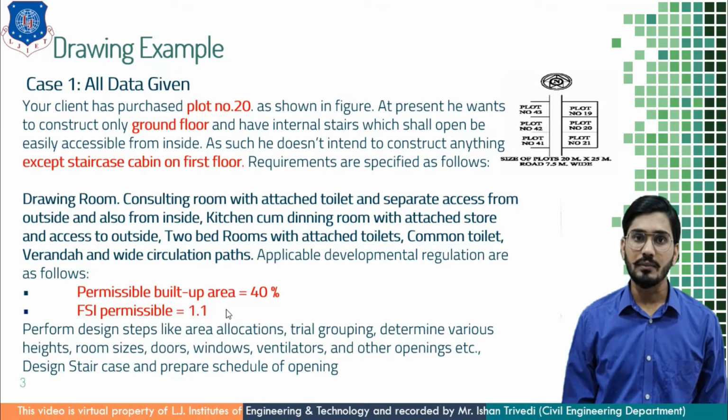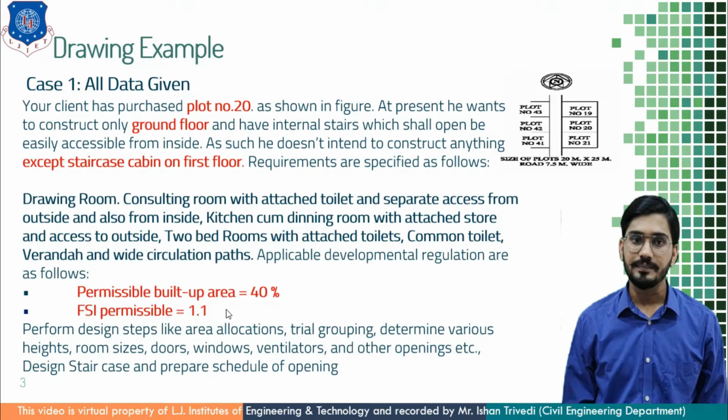Here the plot number is given, the northern direction, the front side road, and adjacent properties are given to you, and the client has the requirement to build a residential unit at ground floor, and at first floor he wants only a staircase cabin.